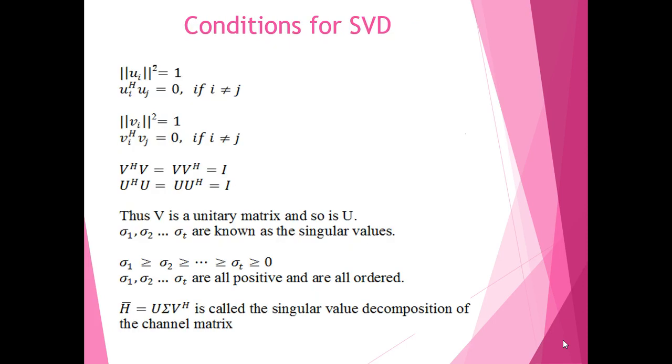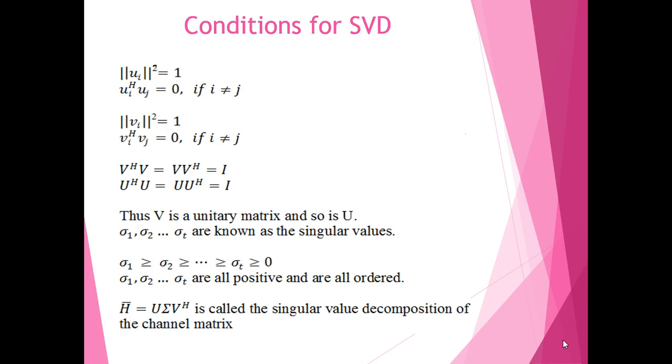Next, we come to the conditions for the singular value decomposition. Firstly, the modulus square of U_i should be unity. Secondly, U_i Hermitian times U_j should be equal to 0 provided i is not equal to j. The same conditions are true for V as well. Now U and V should be unitary matrices.